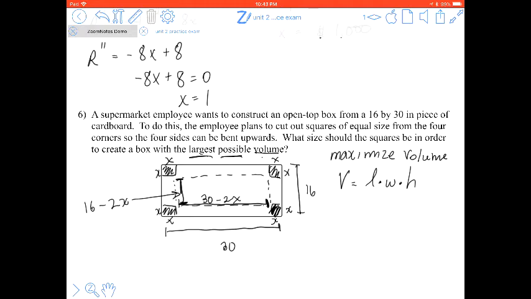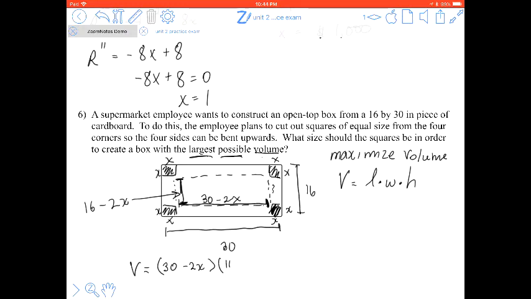And so we need to describe the length and the width and the height in terms of the same variable. So if the box were folded down flat, it wouldn't have any depth. It would just have a length of 30 and a width of 16. But if you fold all four of those flaps up, then the volume of the box, the length of it would be 30 minus 2x.